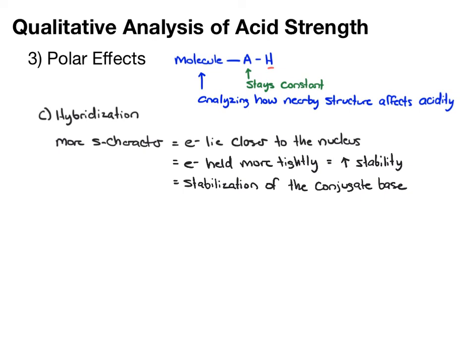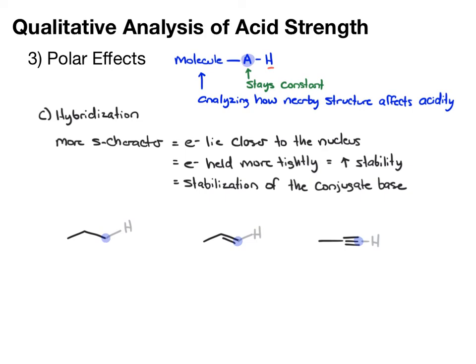So you can apply this to any atoms that are changing hybridization. For this example, let's just look at an alkane, alkene, and alkyne carbon. If we compare these three, the atom that the hydrogen's bonded to we're looking at is a carbon in all three cases. So that atom does stay constant.